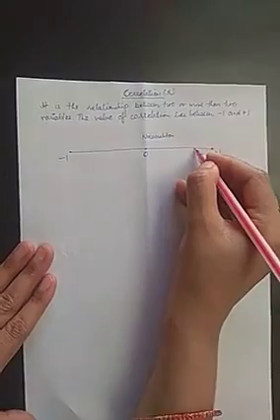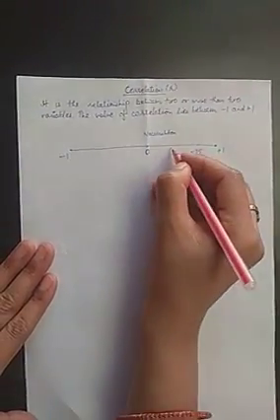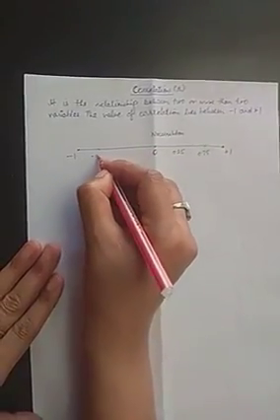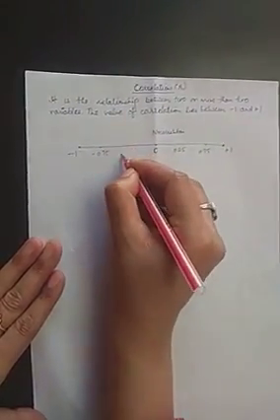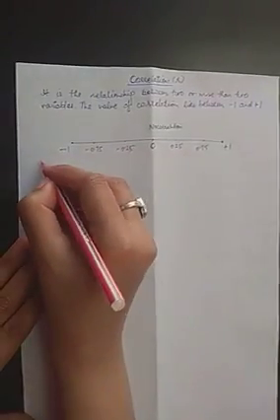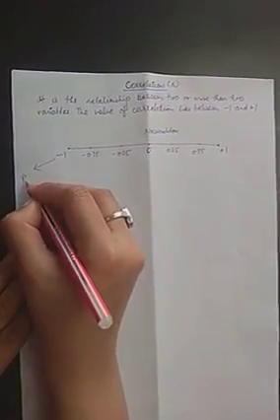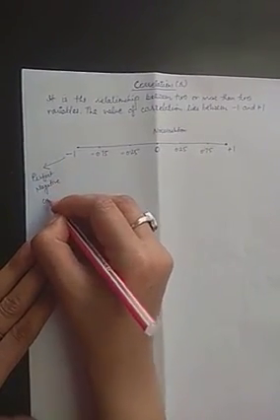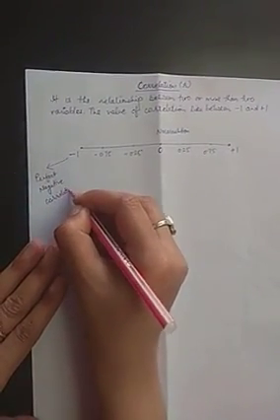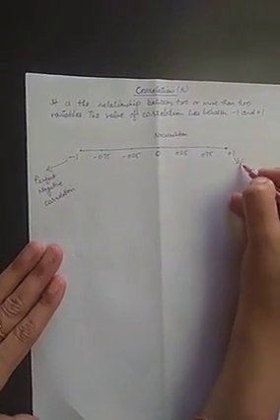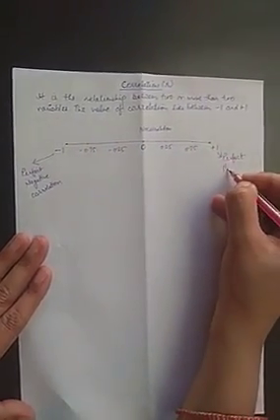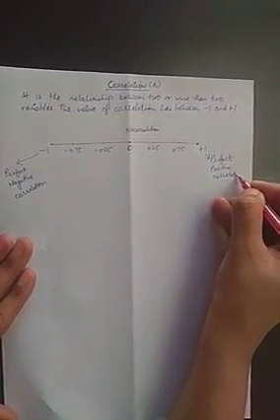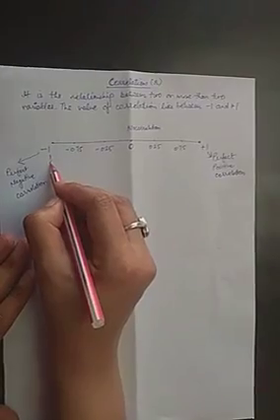If we divide it, this is 0.75, here it is 0.25, and on the left side -0.75, -0.25. -1 means perfect negative correlation. +1 indicates perfect positive correlation.